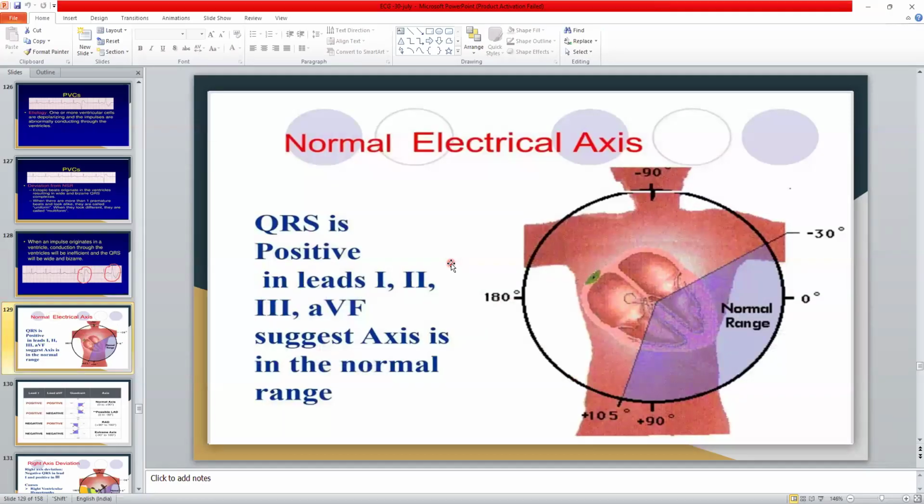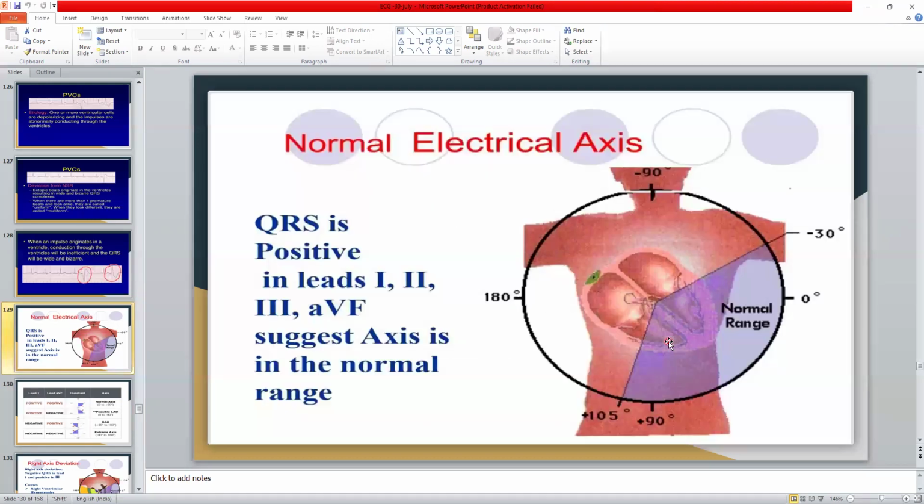This is the normal cardiac axis. As we all know, the cardiac axis represents the direction of the heart's electrical activity, specifically the net direction of the ventricular depolarization.